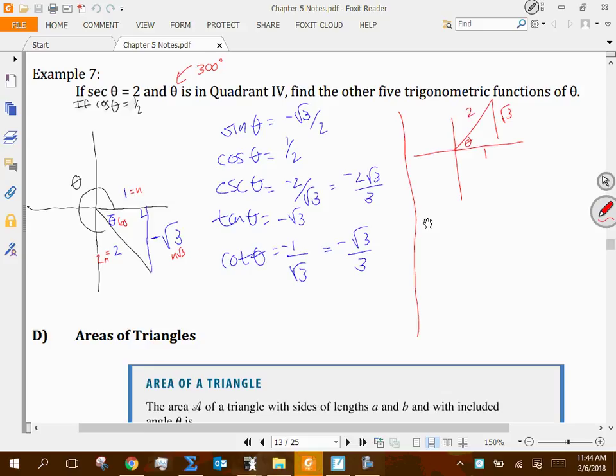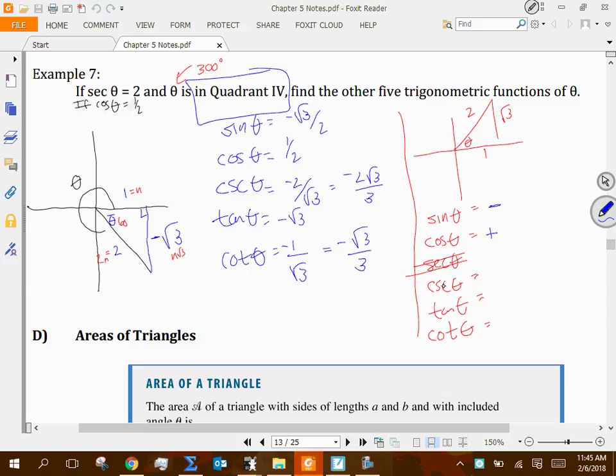So we can get the sine of theta, cosine of theta, secant theta, cosecant, I guess we already got secant, that's provided in the question, tangent and cotangent. We can get the exact same answers using this picture instead of the other one. But before you use this reference triangle, you would want to make sure, if I'm in the 4th quadrant, the sine in the 4th quadrant is negative. The cosine in the 4th quadrant is positive.